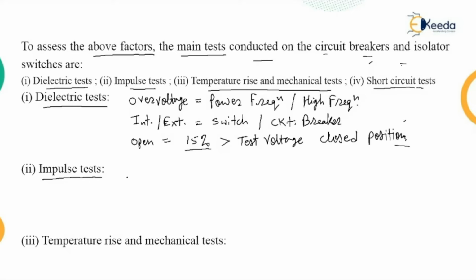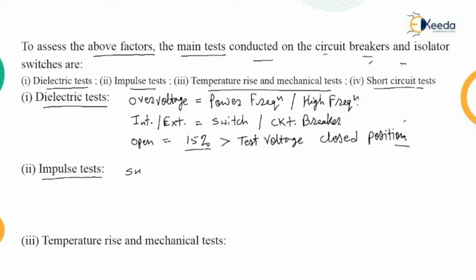So the testing of that insulator and the testing of isolator or circuit breaker is the same. In addition, the switching surge test with switching overvoltage is done on circuit breakers and isolators to assess their performance under overvoltage due to switching operation.